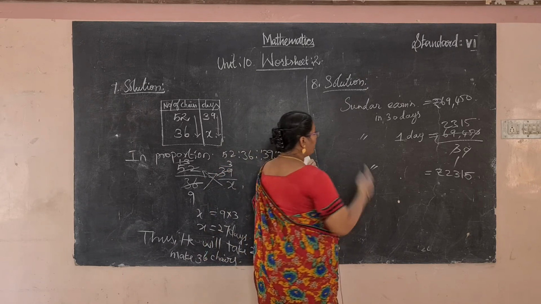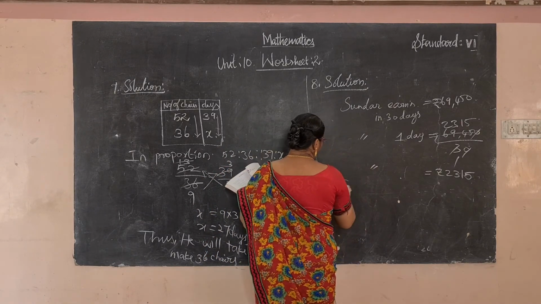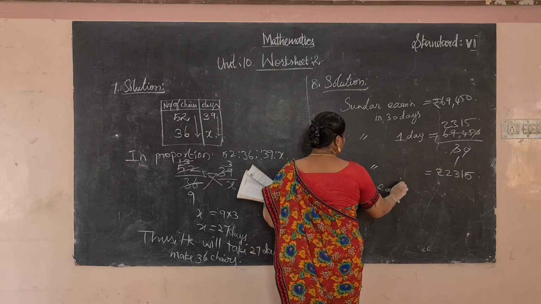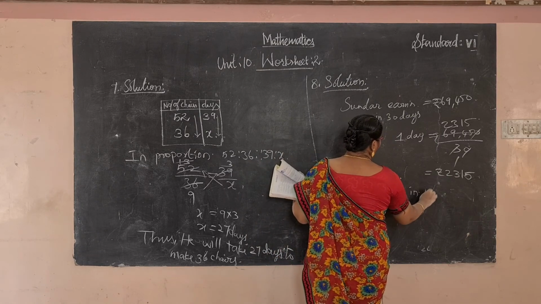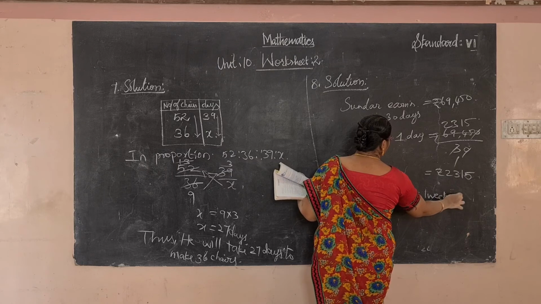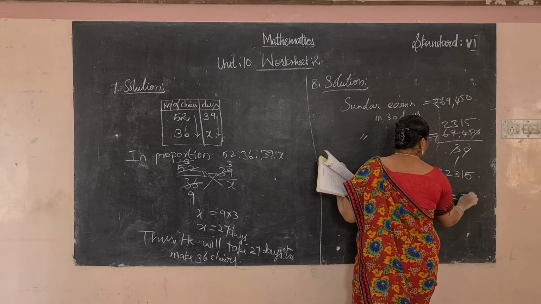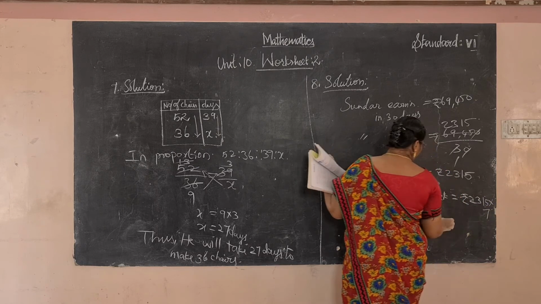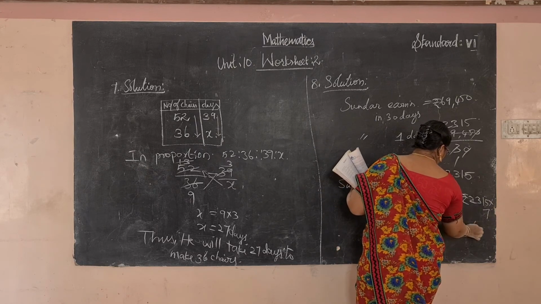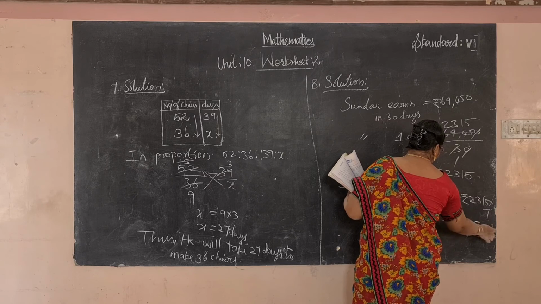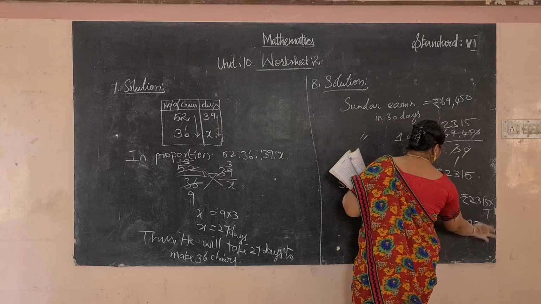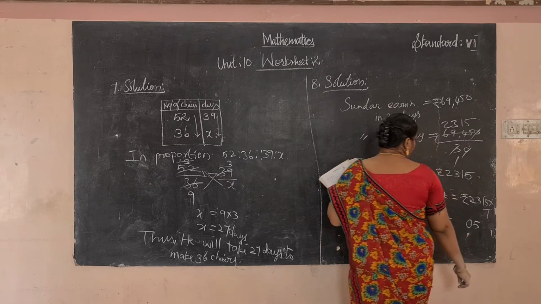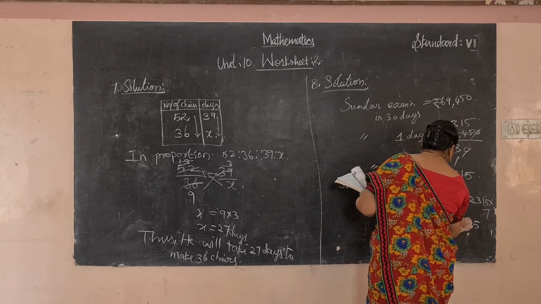1 week means 7 days. Okay, so Sundar earns in 1 week is equal to rupees 2,315 into 7. 7 fives are 35. Remaining 3, 7 plus 3 is 10. Remaining 1. 7 threes are 21 plus 1 is 22.